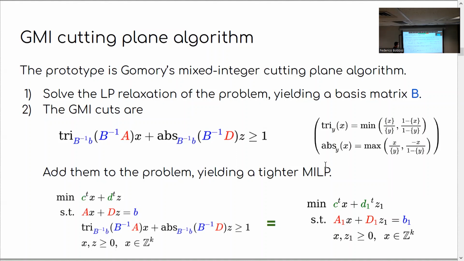If you do that, then the GMI cuts are these inequalities. You have one per constraint in your problem, with some caveats. That is given of this form, where tri is what I call the weighted triangular wave function, which is this guy. These little curly braces are the fractional part of a real number.